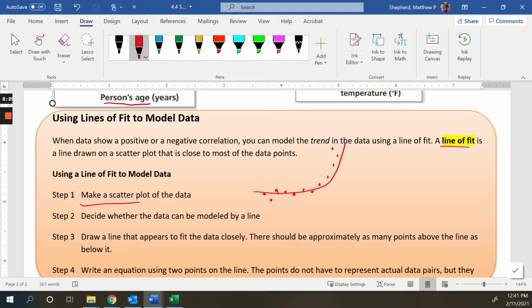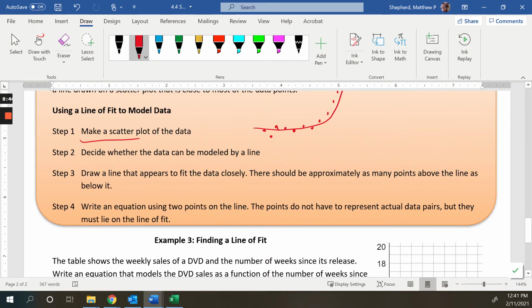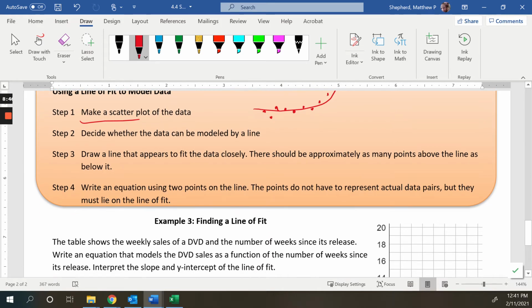Next, step 3, draw a line that appears to fit it closely. There should be approximately the same number of points above the line as below it. Okay, so you're trying to go through the middle of your dots, so to speak. Then you're going to write an equation using 2 points on the line. These points don't have to be actual data pairs, but they should be on your line of fit.